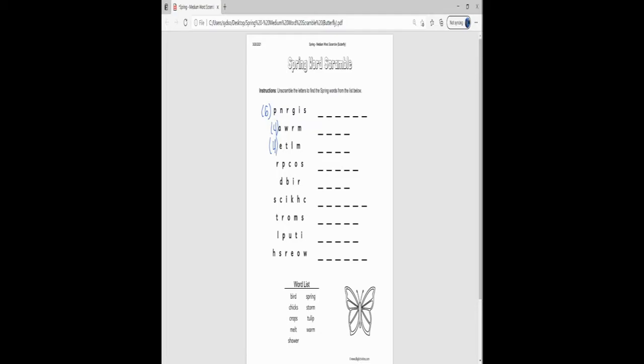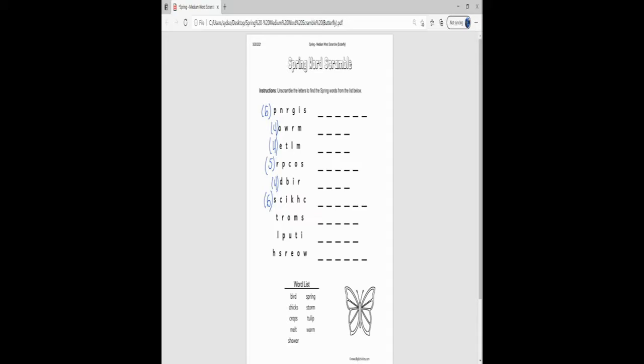For our friends who said 5, you're correct. This word has 5 letters. The next word has 1, 2, 3, 4, 5, 6 letters in it. The word next, T, R, O, M, S.